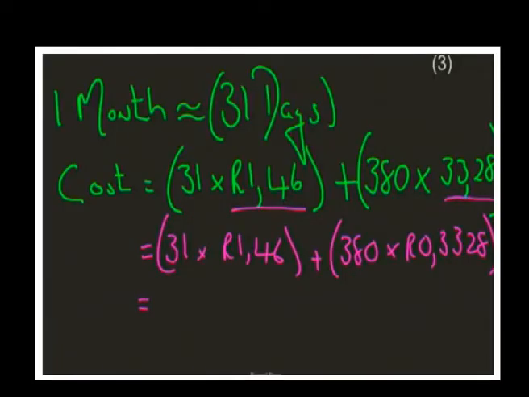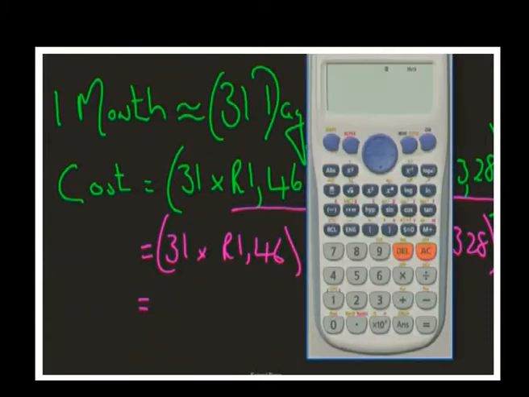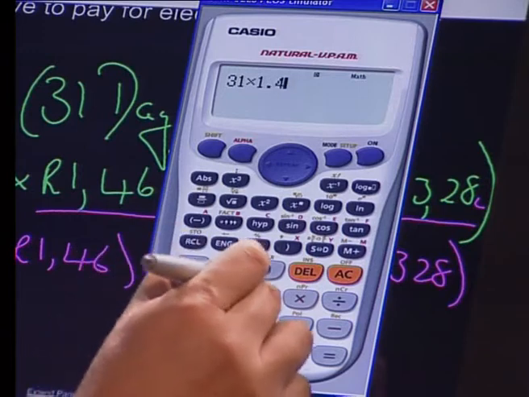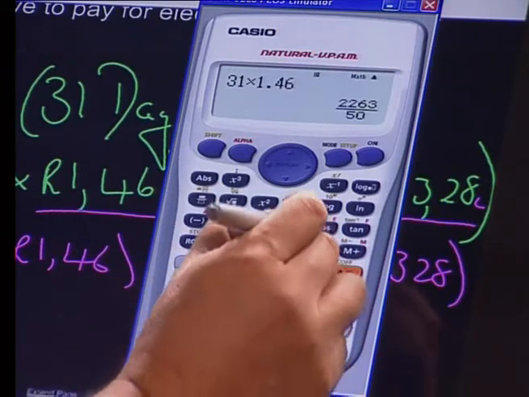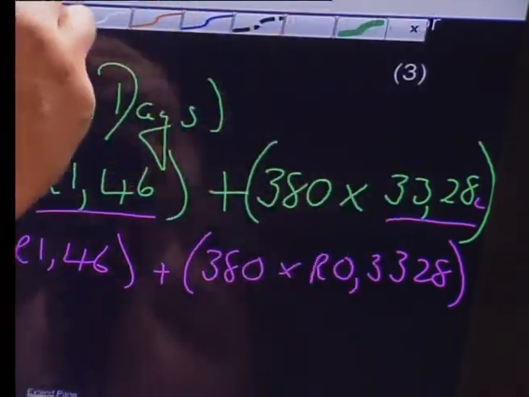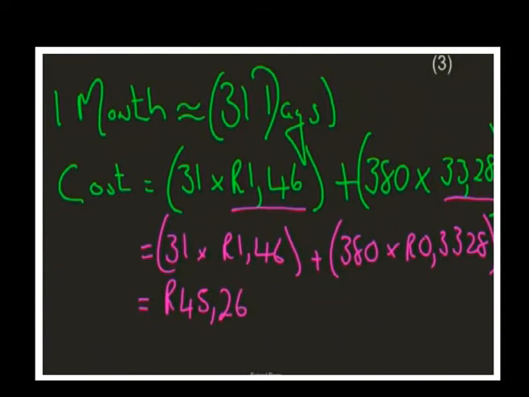So we got to take out our little calculator, and we're going to say I've got 31 multiplied by 1.46, and I'm getting an answer then of 45 rand 26 cents. So 45 rand 26 cents plus, let's work this out now. Now we have quite a lot of numbers here.